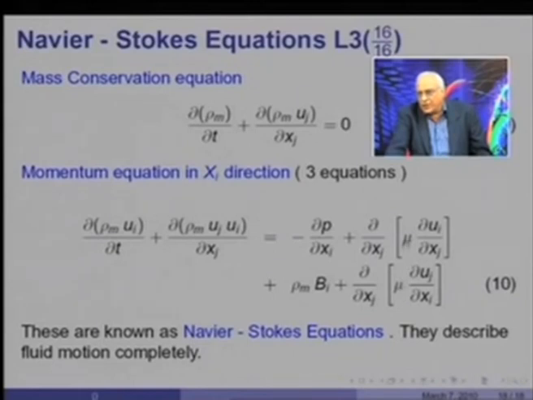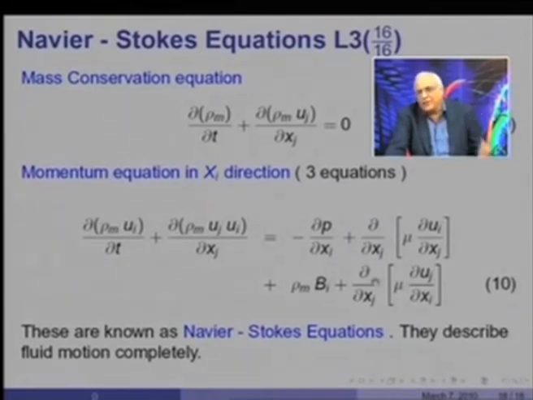When, of course, these terms are ignored, essentially we are saying viscosity is assumed to be 0, and therefore, when these terms are 0, we say the momentum equations apply to inviscid fluid. Inviscid meaning a fluid having 0 viscosity, or really an ideal fluid.